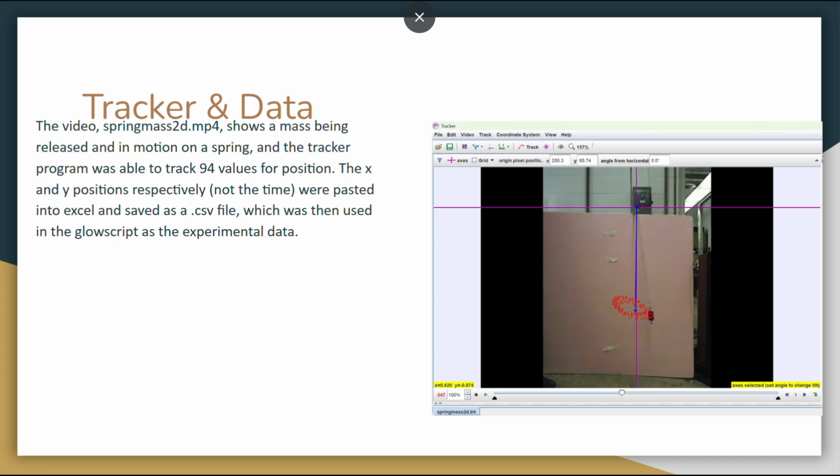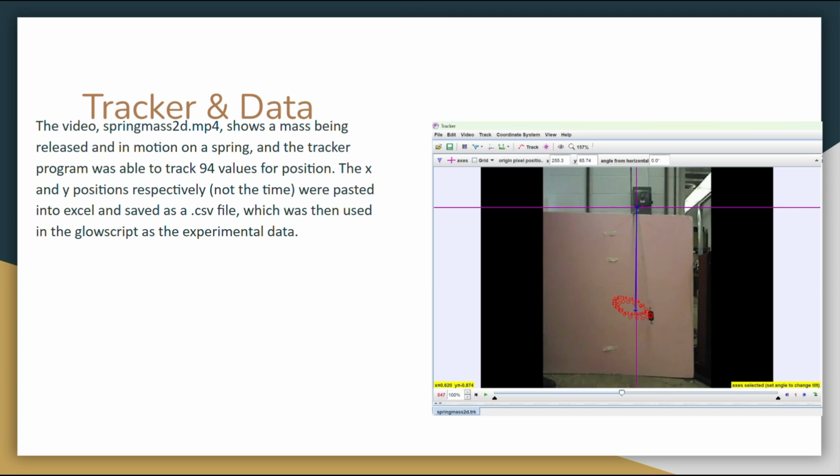The Tracker data, which is shown here: the video was put into Tracker, and the position of the object was measured at each frame, and the data was then taken by Tracker and put into a table.